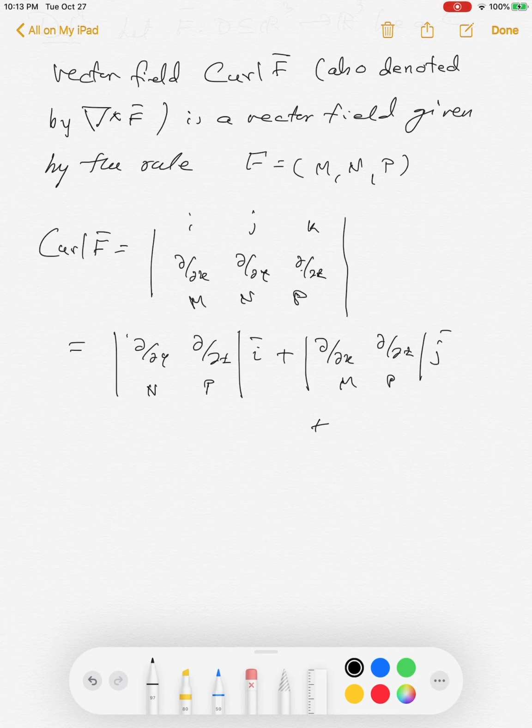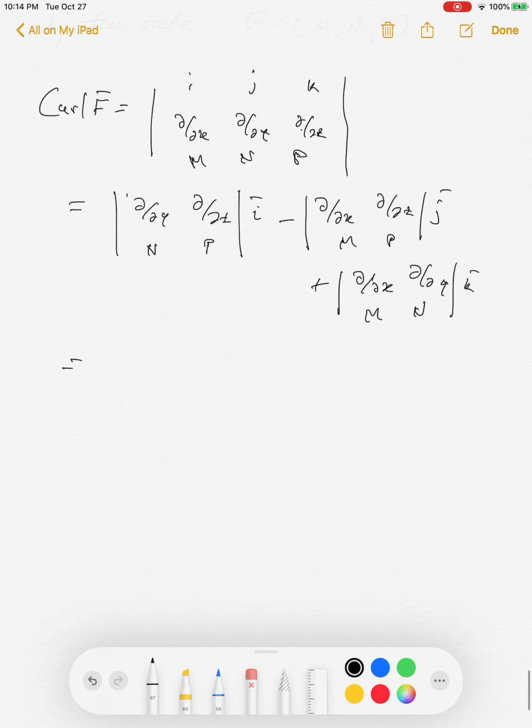Then d/dx, d/dz, M, P, j bar, and the second term will be negative, right? Then d/dx, d/dy. What I mean by this will be clear when I write the last line.